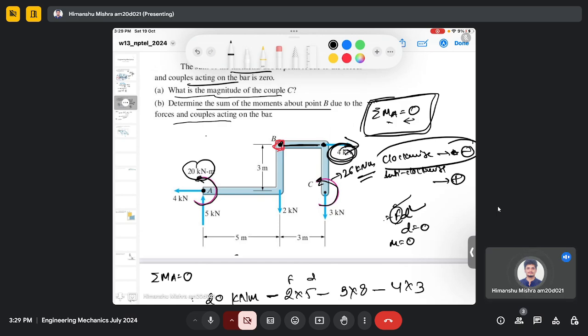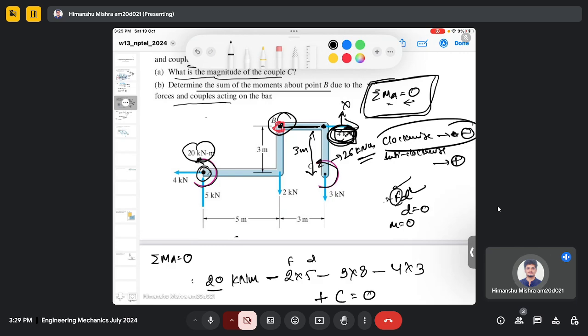For this reason, this 4 kilonewton force will not create any moment about point B, but it could create a moment about point A because there was a perpendicular distance to point A, which is 3 meters. So this force will not contribute any moment.